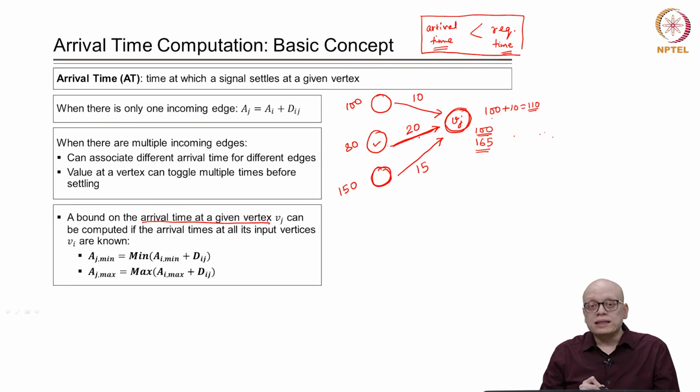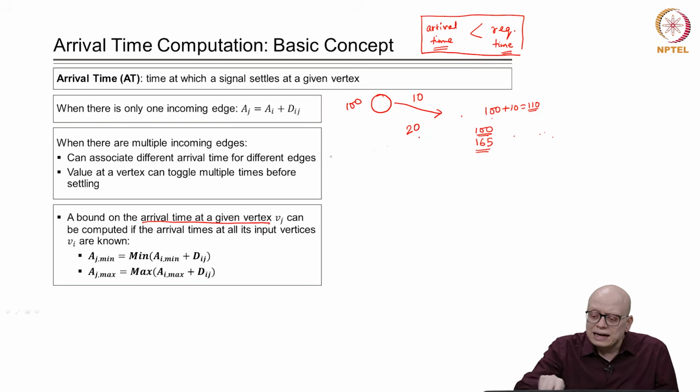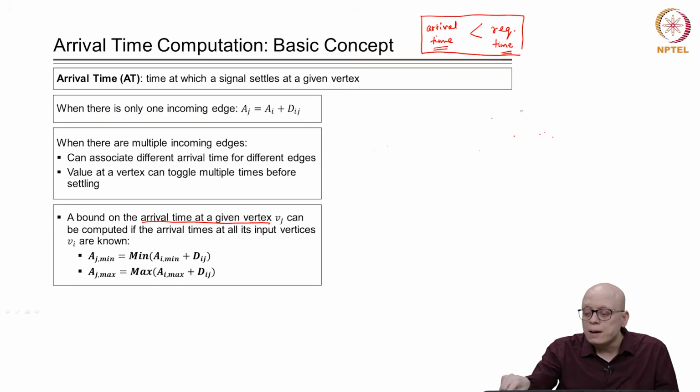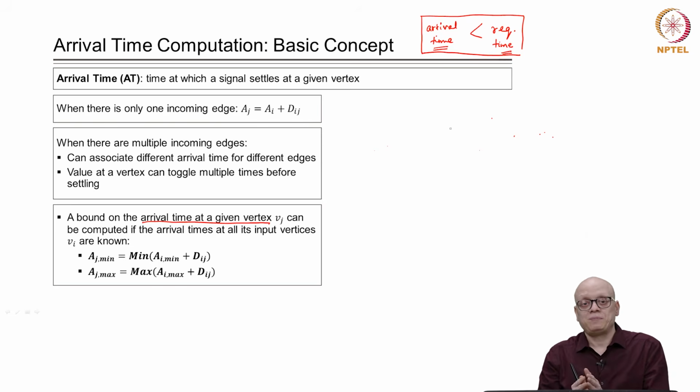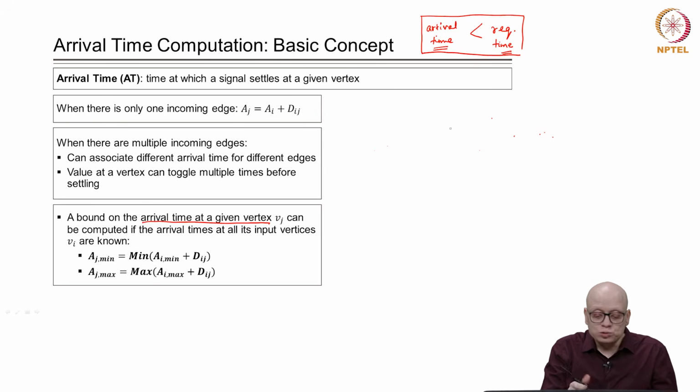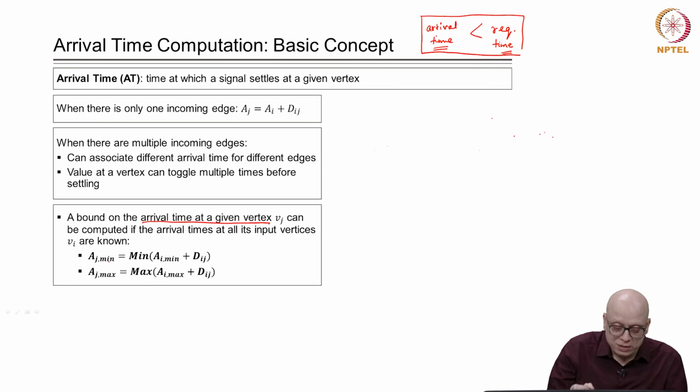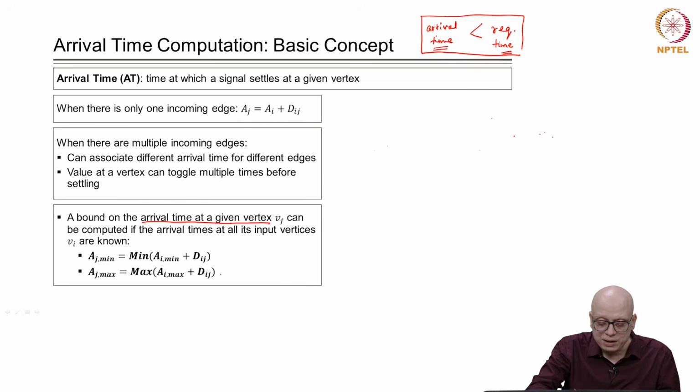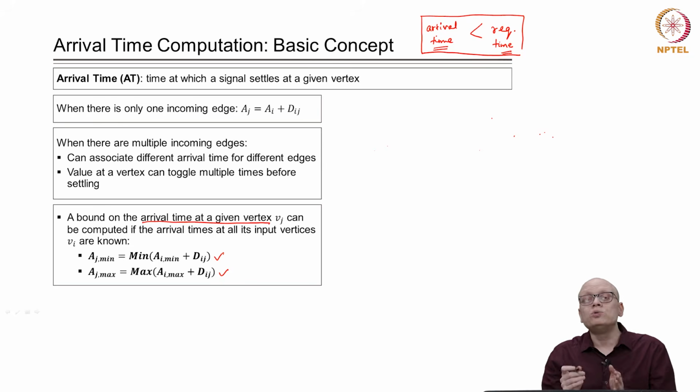So, at each vertex we associate a bound on the arrival time, the minimum and the maximum arrival time, and using these expressions, Aj min is equal to min of Ai min plus Dij and Aj max is equal to max of Ai max plus Dij, we will be able to compute the bound at any other vertex Vj.